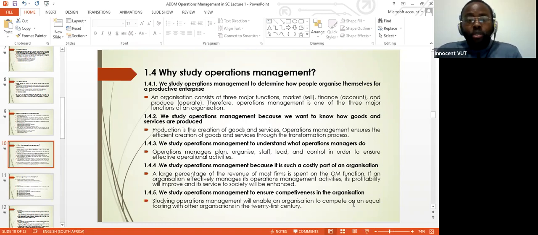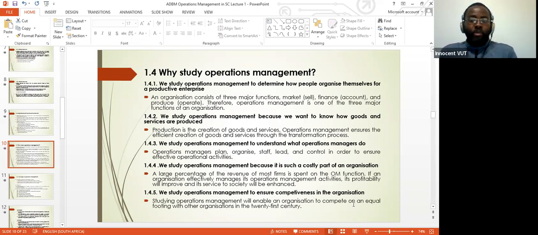Number four, we study operations management because it is such a costly part of an organization. A large percentage of the revenue of most firms is spent on the operations management function. If an organization effectively manages its operations management activities, its profitability will improve and its service to society will be enhanced.